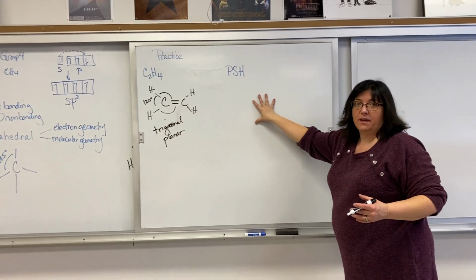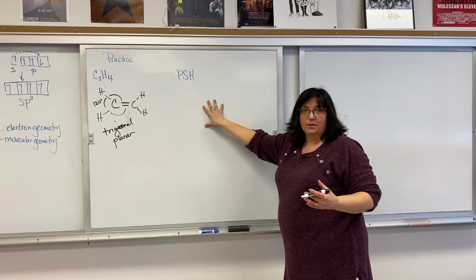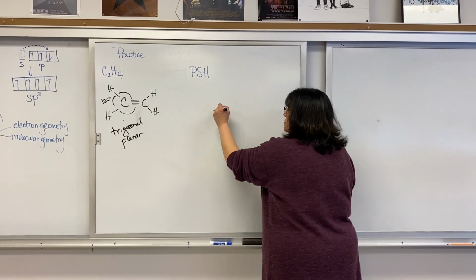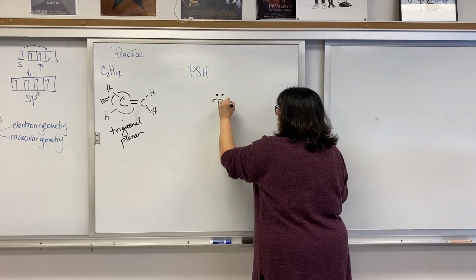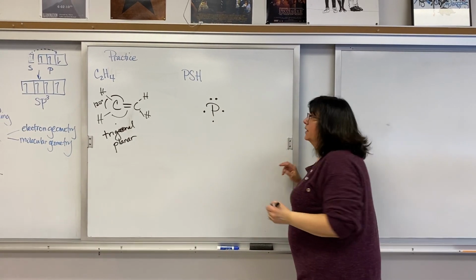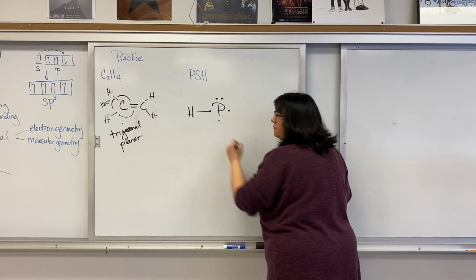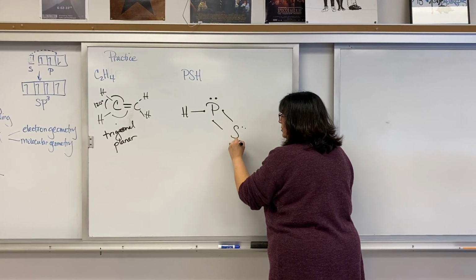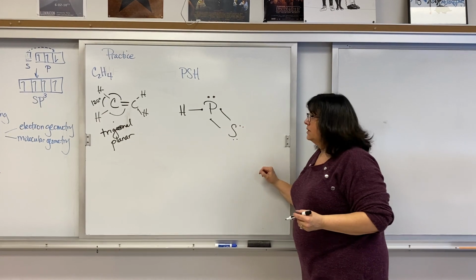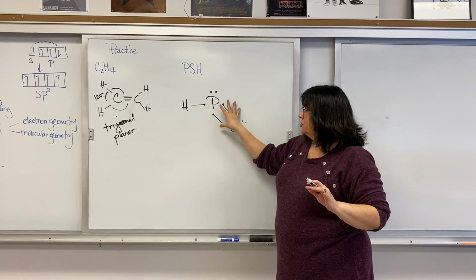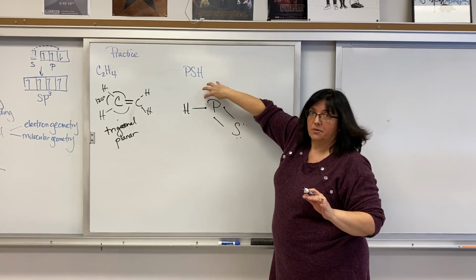All right, PSH. What's my central atom going to be? Phosphorus is the thing that needs the most bonds, so phosphorus is going to be my central atom. There's a Lewis structure for phosphorus. 1 hydrogen. So then sulfur is going to form a double bond, right? So count domains. 1, 2, 3.